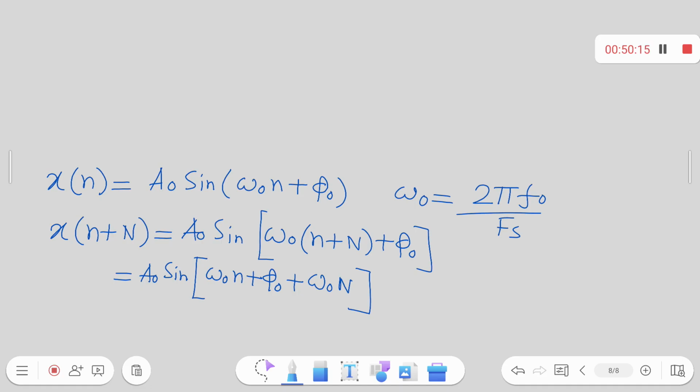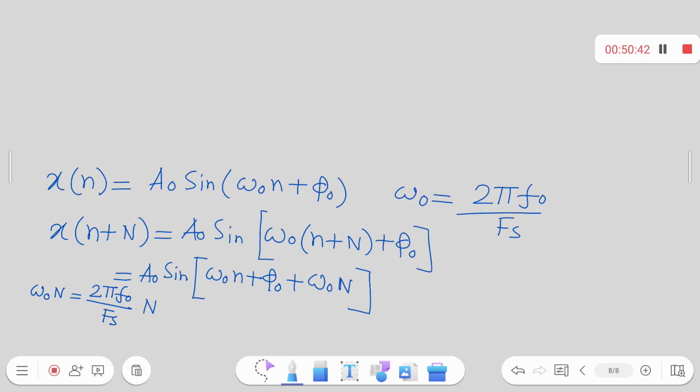So what is this omega naught capital N? Omega naught capital N is equal to 2 pi f naught by fs into capital N. You understand that capital N is always a non-zero positive integer.